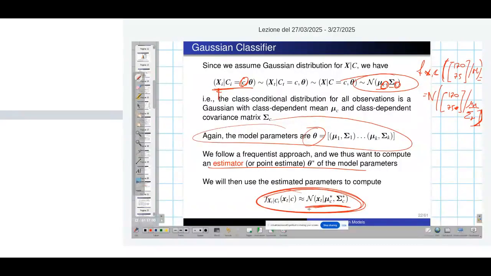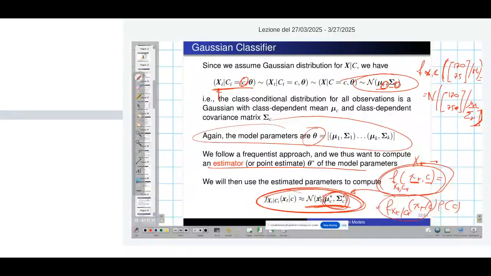So we will use the estimate to compute, given a test sample, the joint probability of the test sample and the class, for our observed sample that we want to classify. For the joint probability, again, we will use the class conditional probability times the prior.